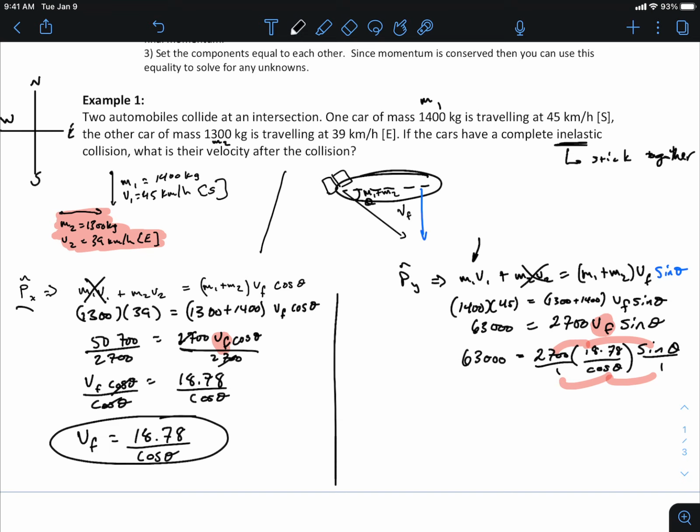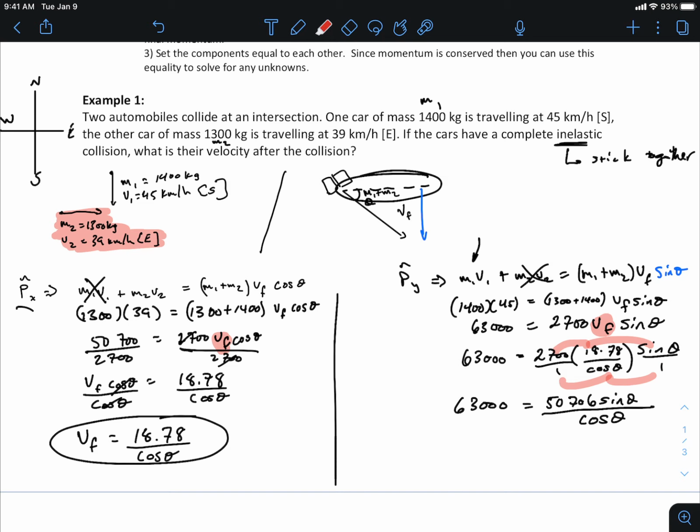Well, we get 63,000 is equal to 2,700 times 18.78 is 50,706. And then that's going to be sine theta, all divided by cosine theta.